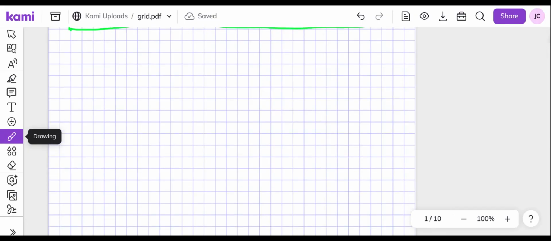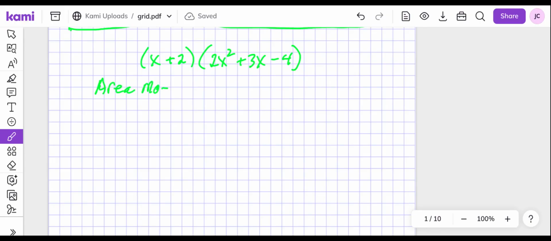So we're going to say x plus 2 times 2x squared plus 3x minus 4. All right. So as I'm working, I'm going to have the area model over here. And then over on the other side will be distributive, because here you can't FOIL a binomial times a trinomial. Or you can't use that term anyway.